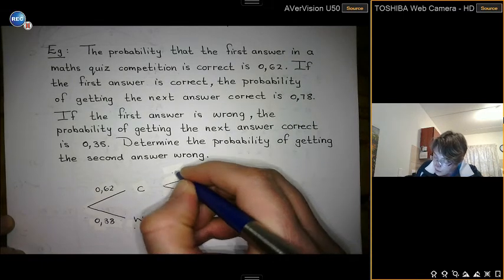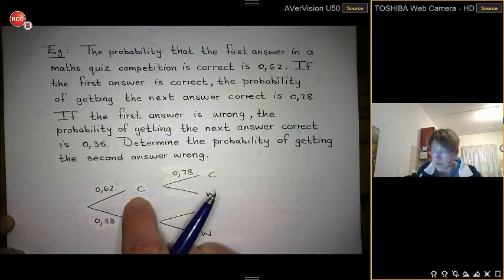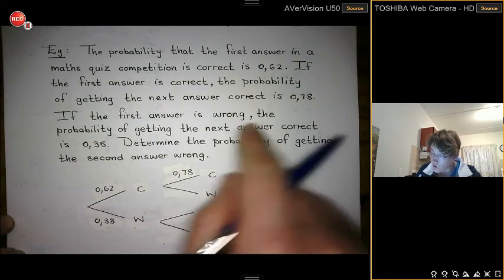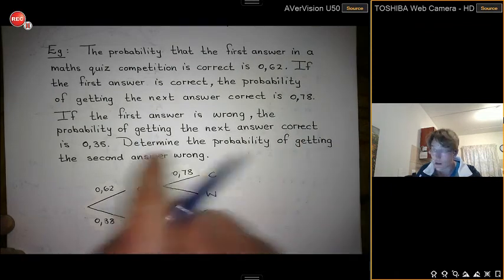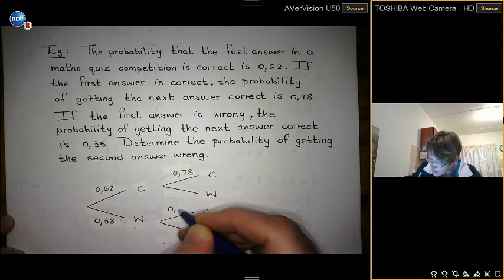So there I can put 0.78 because that is dependent on getting the first answer correct. But I can't put 0.78 there again because, like I said, these events are not independent. If the first answer is wrong, the probability of getting the next answer correct is 0.35. So that's the probability I put over there. This one is then going to be 0.35.